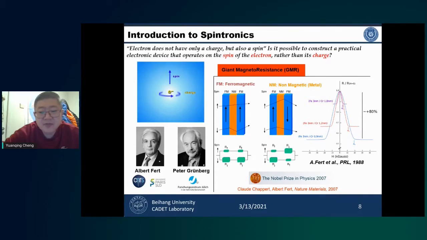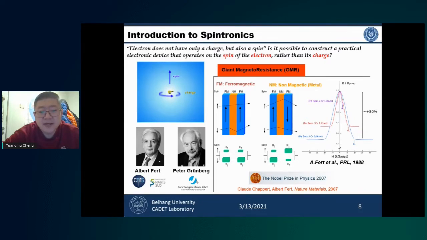As we saw in this figure, they observed that for ferromagnet materials on the two ends of a stack, they can have different kinds of magnetization. If the two ferromagnet materials have the same magnetization, they have a low resistance.